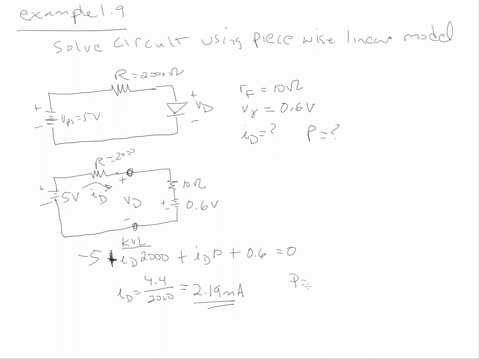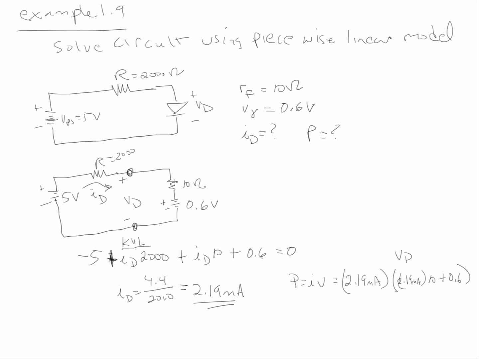Then power is I times V, and we know I is 2.19 milliamps, and the V is going to be VD, so that's 2.19 milliamps times 10 plus 0.6.